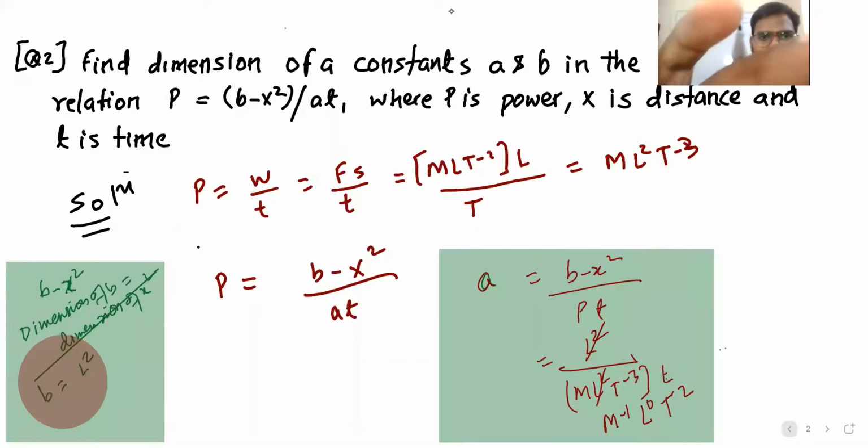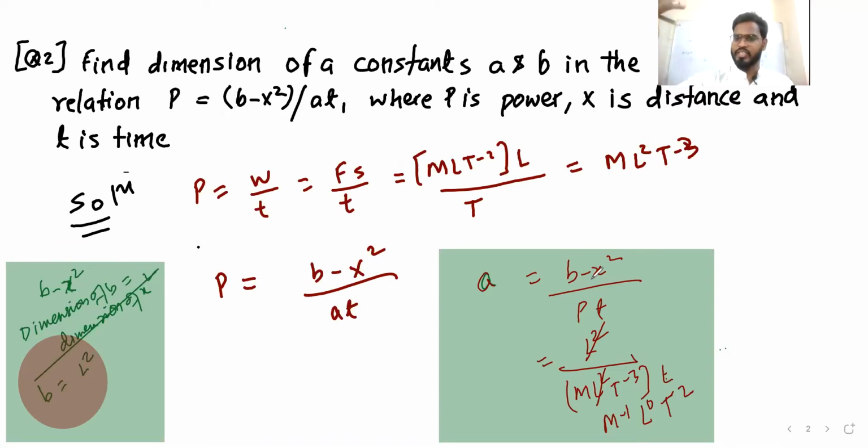So how we'll do here is we make A the subject, and we got A equals b minus x square by PT, right? So we know that the b minus x square dimensional formula is L square anyway, right? Somebody will cancel L square minus L square. No, we are writing the distance, right? This is written distance, so we are writing distance there, and then M L square T minus 3 into L. So L square will get cancelled out here.